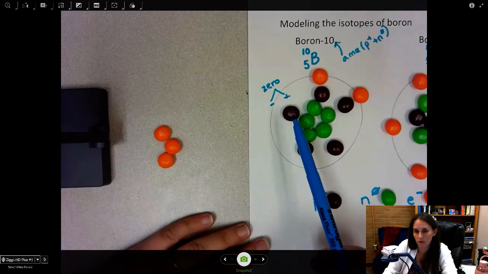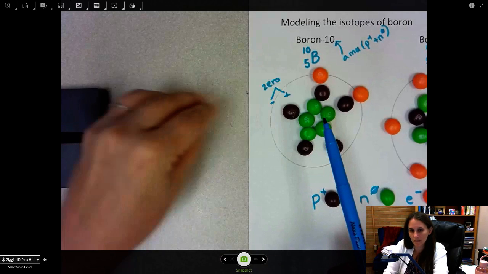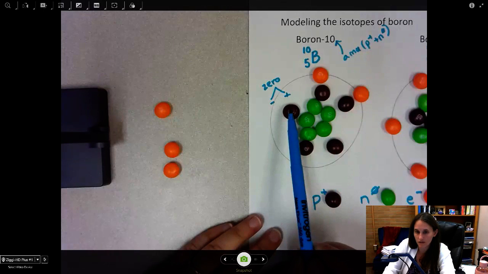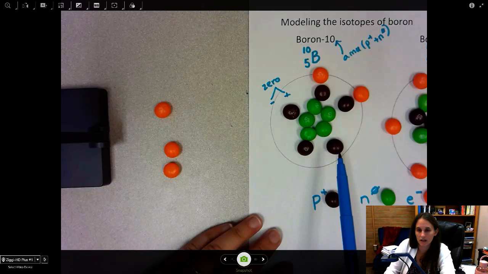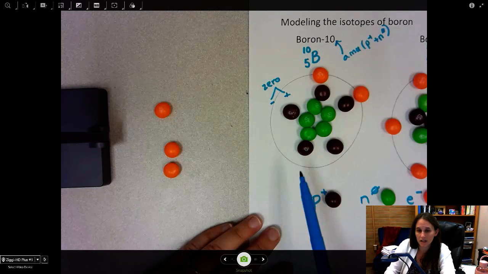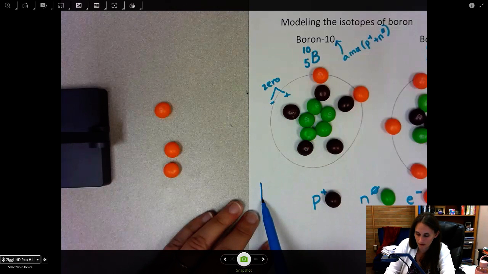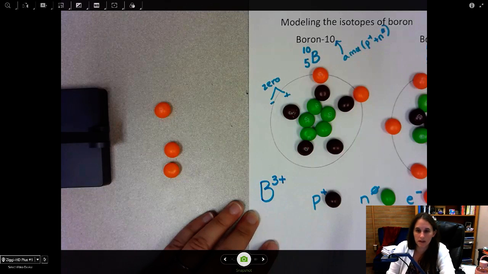These are protons that were already there, but I lost the particle that was canceling them out. So I'm going to have a charge of +1, +2, +3. A positive for each one of these positive particles that doesn't have a dance partner, making boron's ion boron +3, as we would predict with its location on the periodic table.